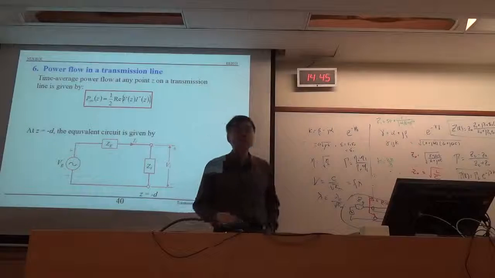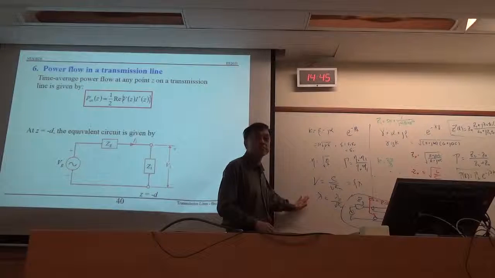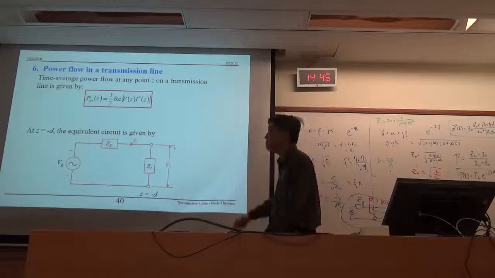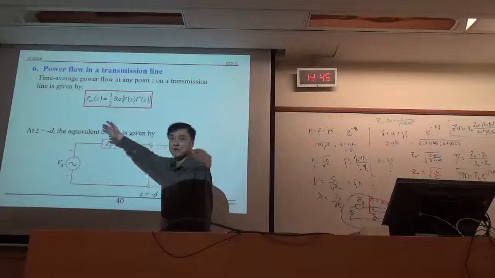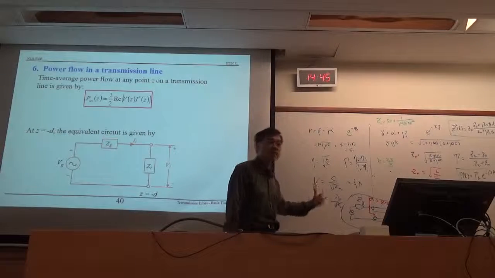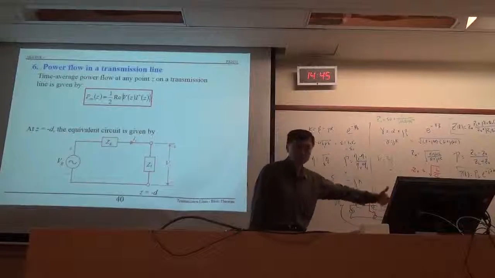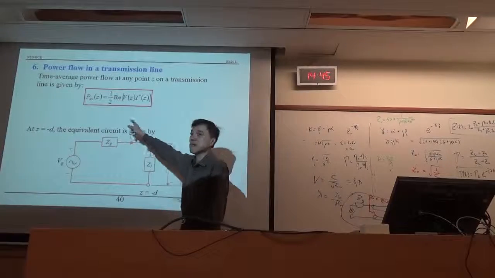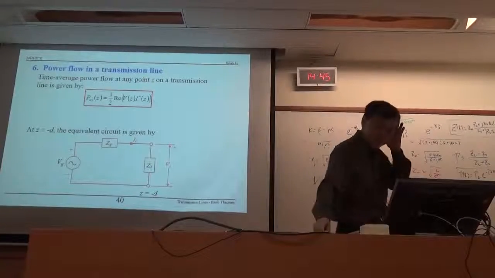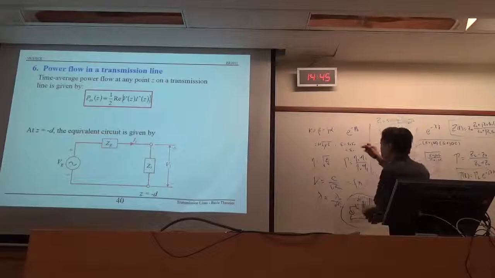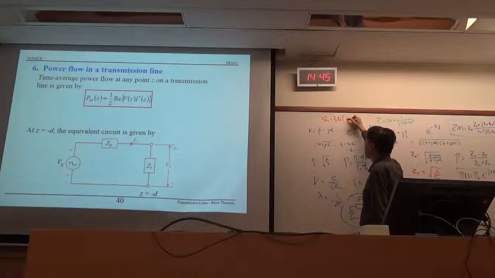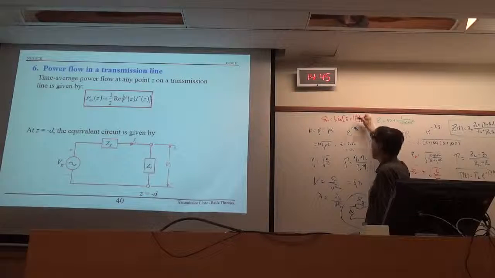In plane wave, we have the Poynting vector. Down here we have power flow. Now, what is the difference? Remember, the Poynting vector is the power density flow, and this one is the actual power flow. You can see from the units: the Poynting vector is equal to half real of E cross H conjugate.